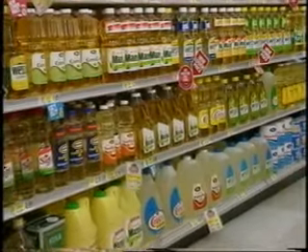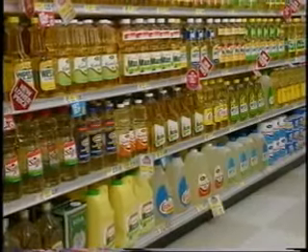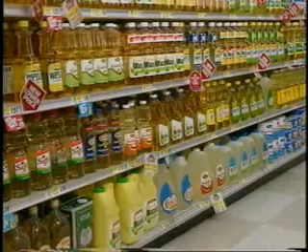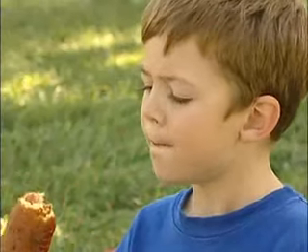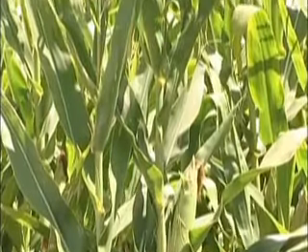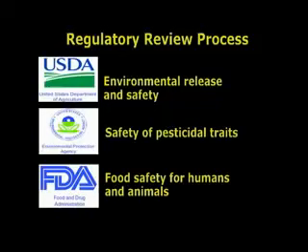To date, there has been no evidence that the genetically engineered foods now on the market pose any human health concerns, or that they are in any way less safe to consume than crops produced through traditional breeding. A regulatory framework is in effect to identify any potential human or environmental risks.